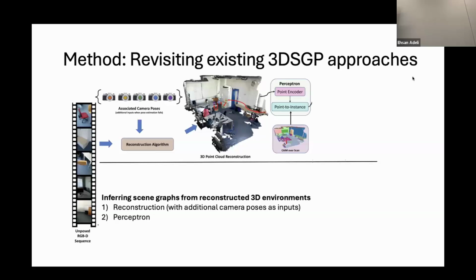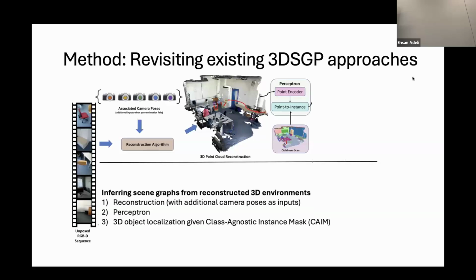More specifically, point encoders such as PointNet and PointNet++ are used to extract point-wise features from the 3D environment, and the scan-level CAIM is used to conduct point-to-instance feature formulation. Noticeably, the CAIM only reveals the point-to-instance mapping information, without releasing the specific object classification label. With CAIM, this approach completes the 3D object localization.